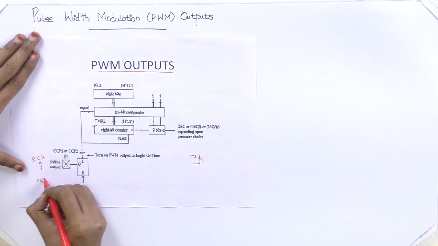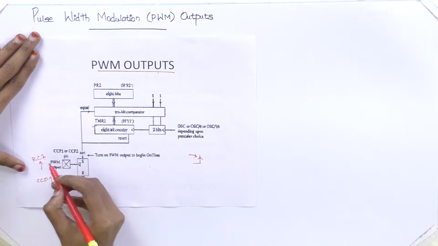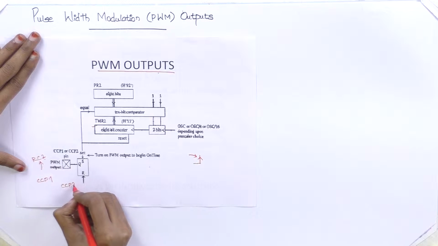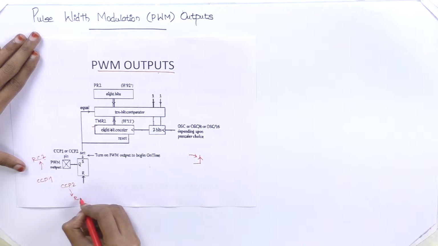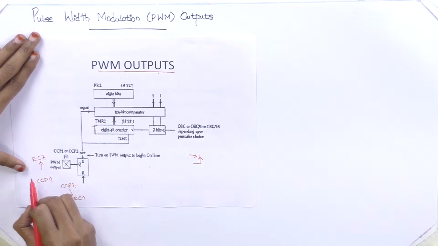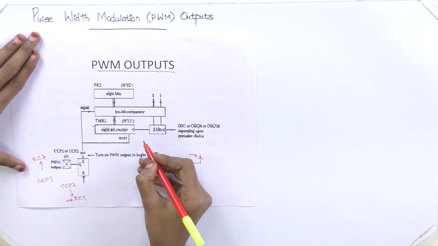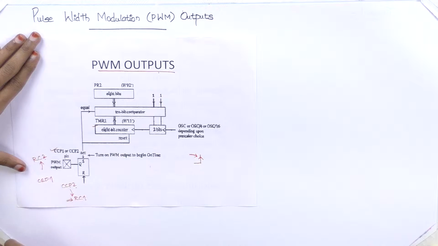If we use the CCP1 module, the PWM output will be generated in RC2. If we use the CCP2 module, the output will be generated in RC1. RC is nothing but port C. Port C first pin for the second PWM module, port C second pin for the first PWM module. Here we have taken CCP1.